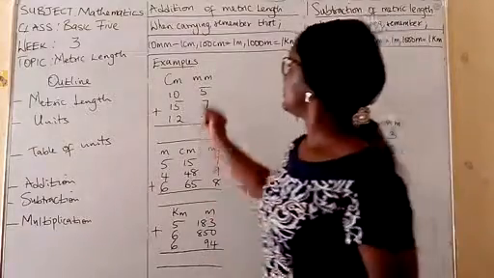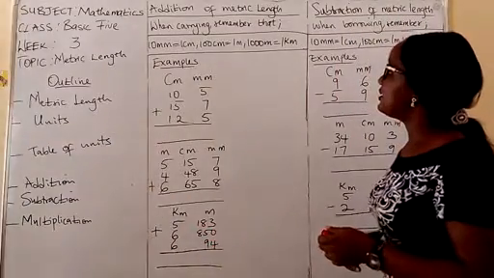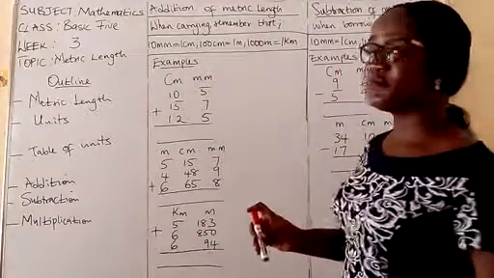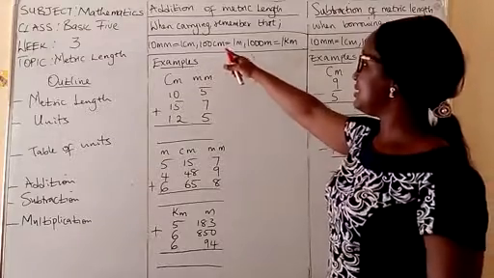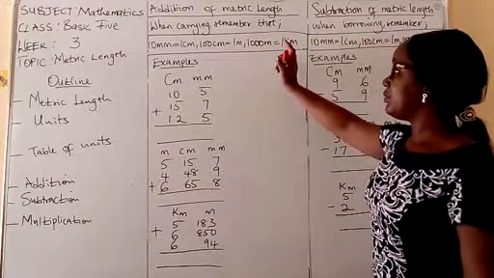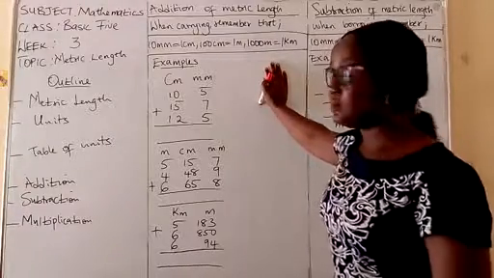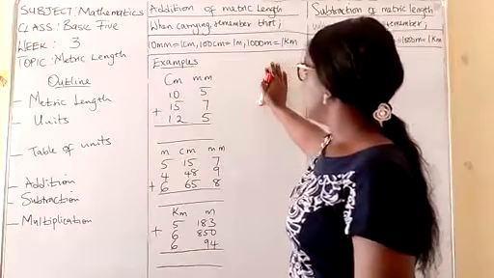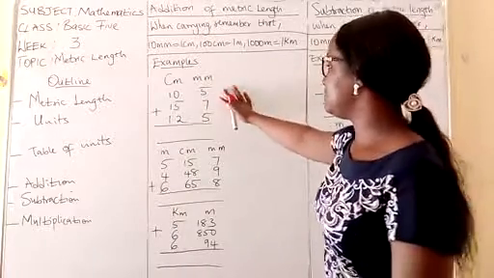This is for you to refresh your memory: while carrying, remember that 10 millimeters will give you 1 centimeter, 100 centimeters will give you 1 meter, and 1000 meters will give you 1 kilometer.